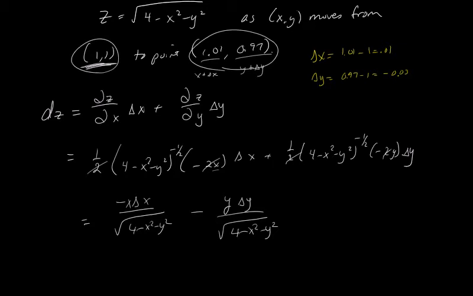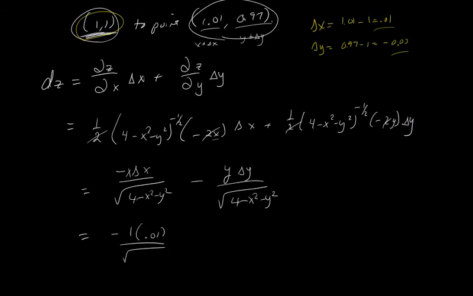Okay, so we're going to plug in our point, 1, 1, and our incremental changes for x and y. So this becomes negative 1 times 0.01 divided by the square root of 4 minus 1 squared minus 1 squared, minus y, which is 1, times negative 0.03 divided by the square root of 4 minus 1 minus 1.